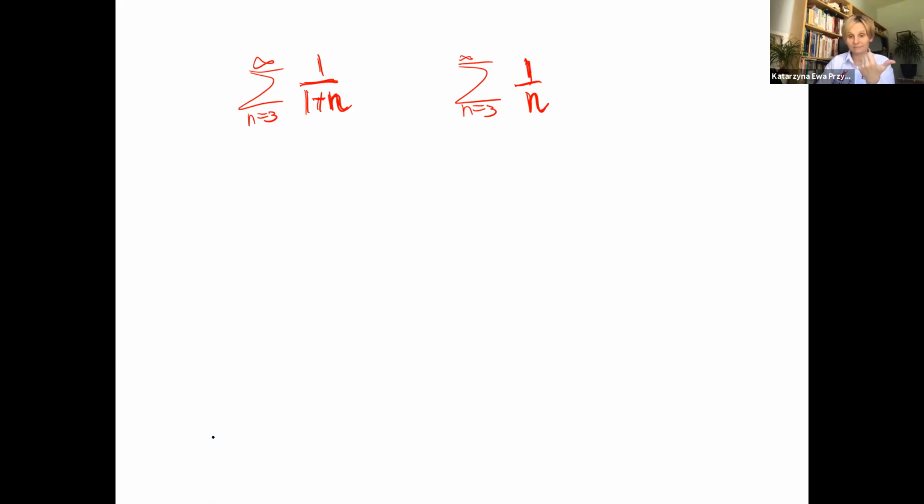The left is smaller. Really good. And we can see this one is definitely divergent. Something that is smaller than divergent, we don't know. Bigger than divergent, it is divergent. That means we can say that the direct comparison test is not working. We will use limit.